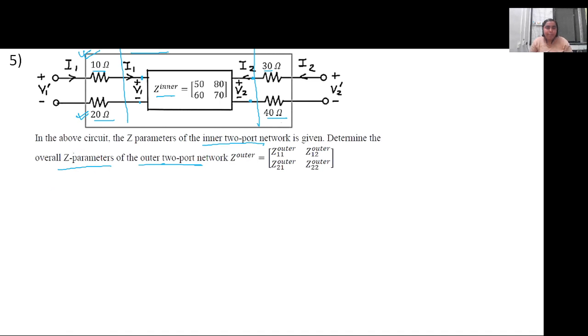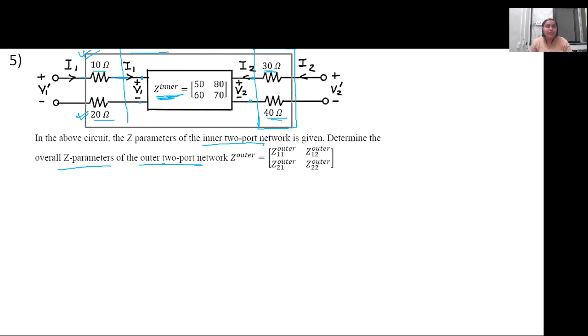If you just consider the 30 and 40 ohm and consider it itself as a two-port network, this is kind of a cascaded network. But we won't go into the ABCD parameters because only the Z parameter is given and we do not know the conversion yet. Although it can be done, let's not go into it.